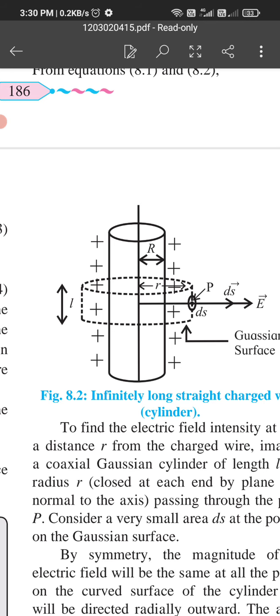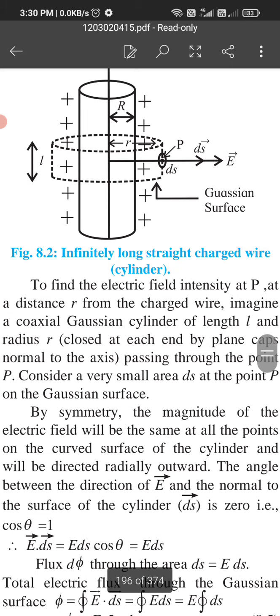By symmetry, the magnitude of the electric field will be the same at all points on the curved surface. The angle between the direction of E vector and the normal to the surface of the cylinder, that is ds, is 0, that is cos theta is equal to 1. So E vector dot ds vector is equal to E ds cos theta is equal to E ds.